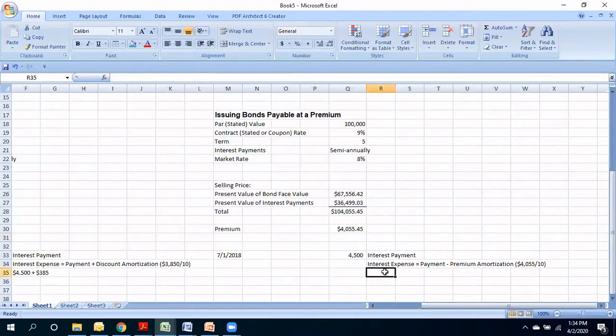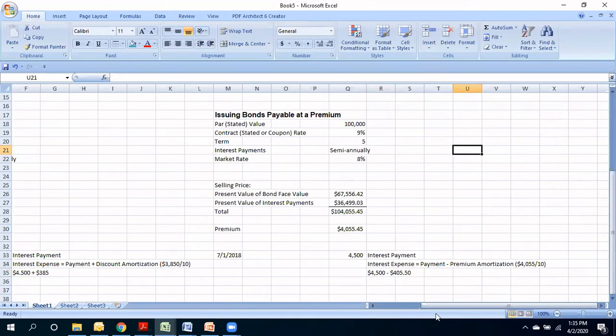So that means that my interest is actually $4,500 minus $405.50.